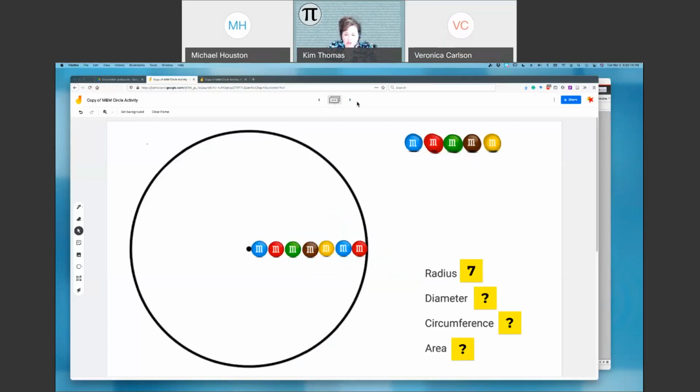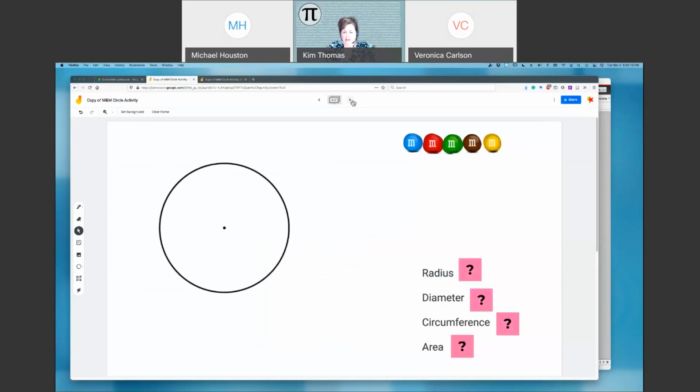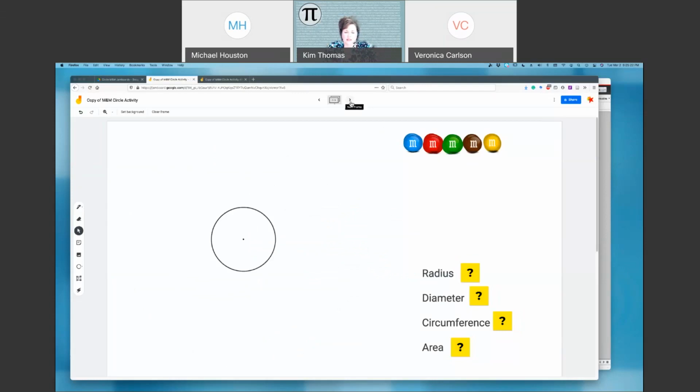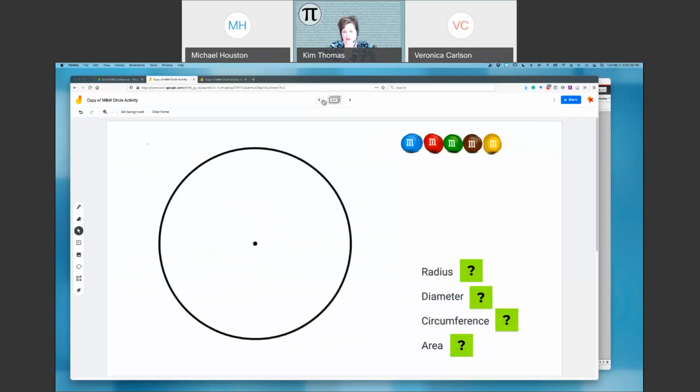So we have a larger circle here, a smaller circle, and you can see how these get smaller and smaller. I don't know that I would necessarily clue my students in on how these are designed, but it might be that I'm just going to give one board to each group. If you've worked with Jamboards, you can start thinking about how you might use this with your students.